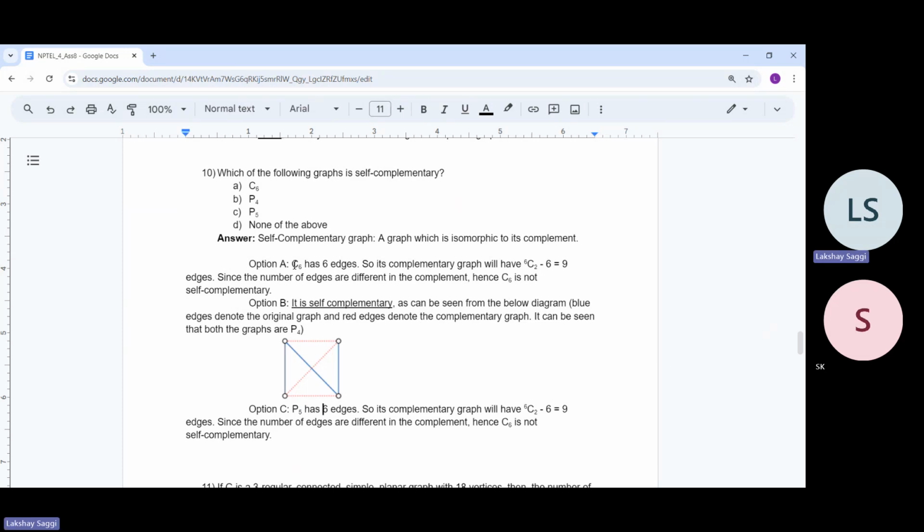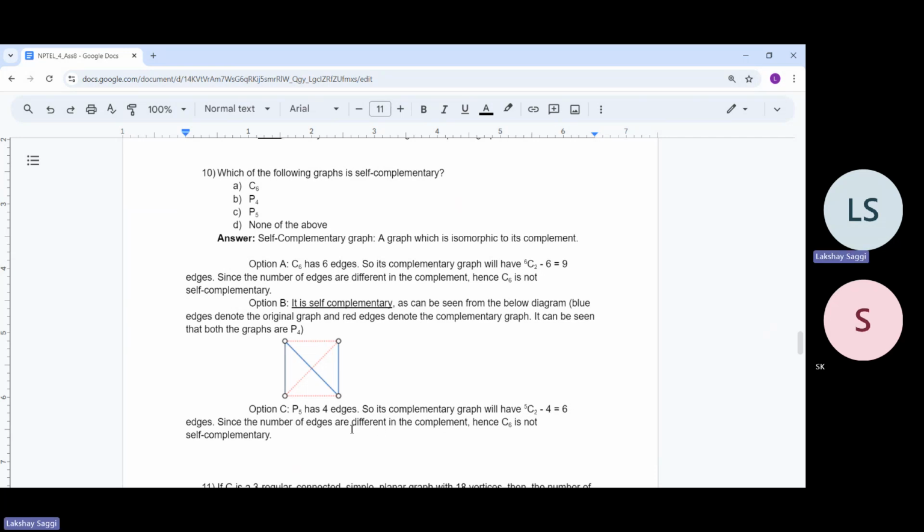So we have the graph P5, it will have 4 edges, right? So its complementary graph will have, total number of possible edges will be 5 choose 2 because there are 5 vertices, and we only have 4 edges. So number of edges present in the complementary graph will be 5 choose 2 minus 4, which will be 10 minus 4, which will be 6. So the complementary graph will have 6 edges.